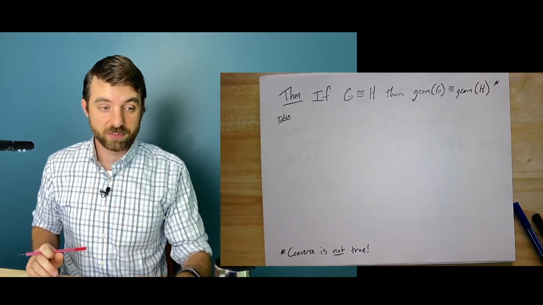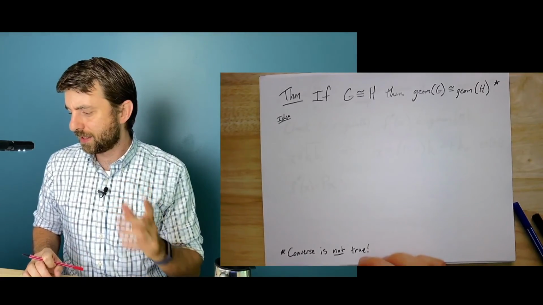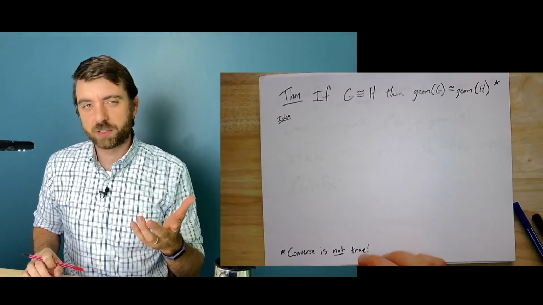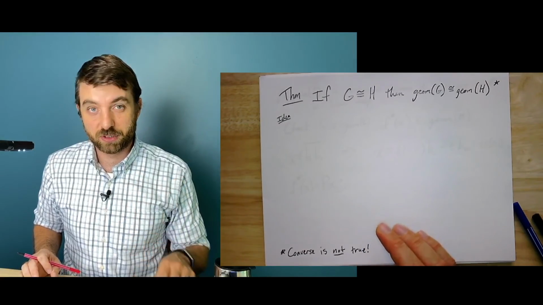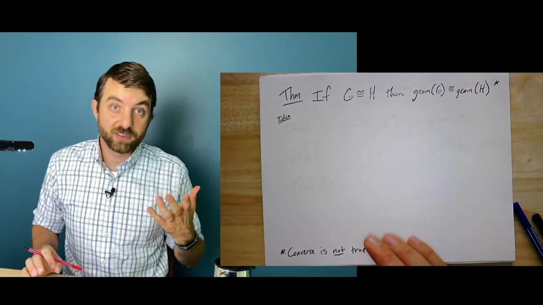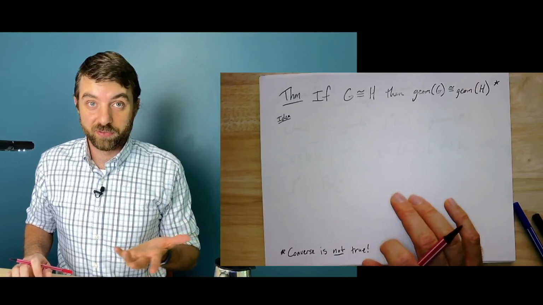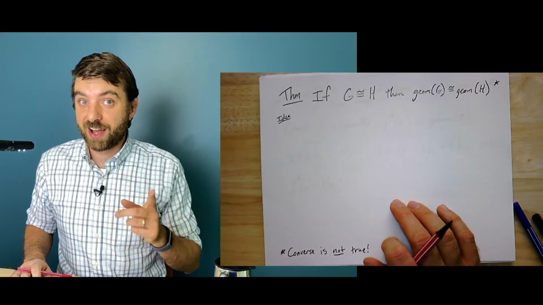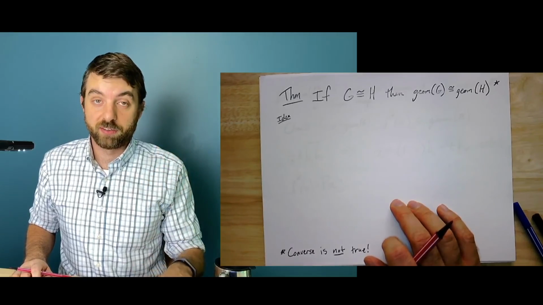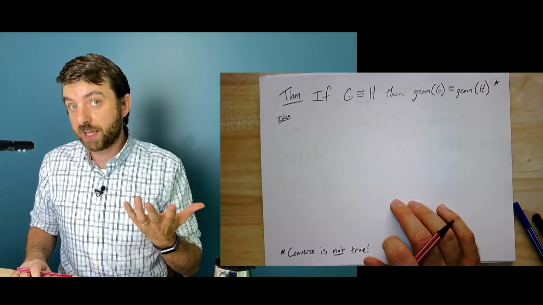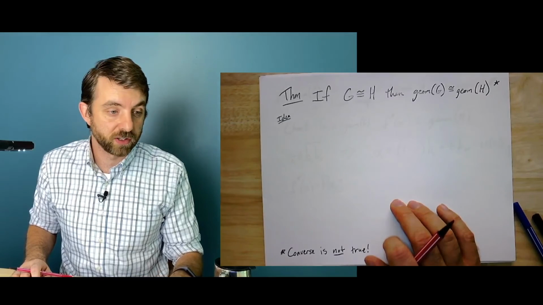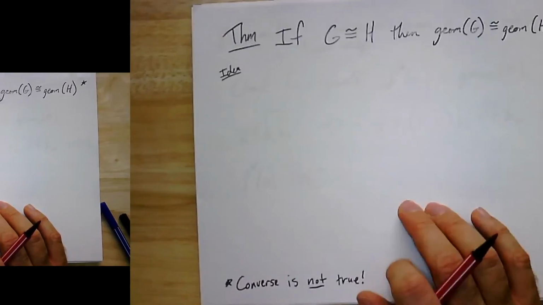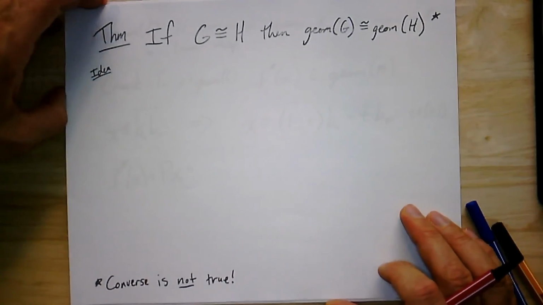We'll have to see some examples of that. It's not too hard. The standard example would just be a path. Paths of different lengths are all going to have homeomorphic realizations, but they're not isomorphic. If two paths have different lengths, they're not isomorphic. All right. But let's work on the direction where it is true first.